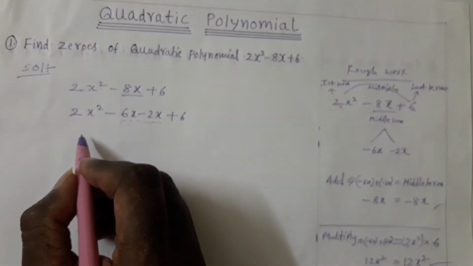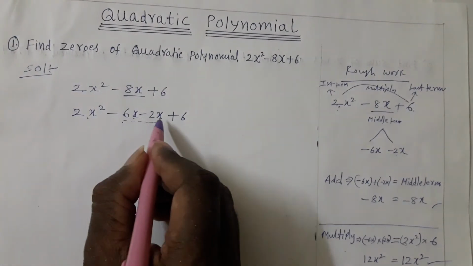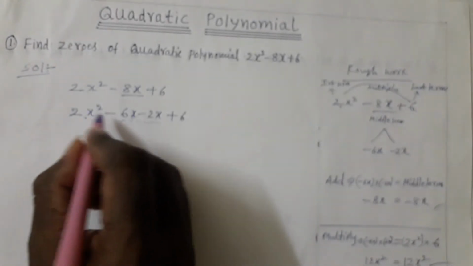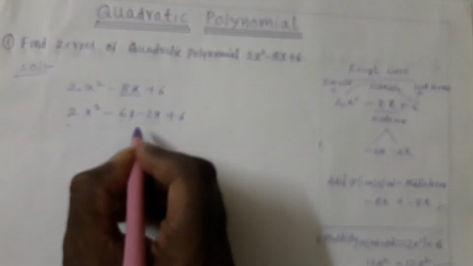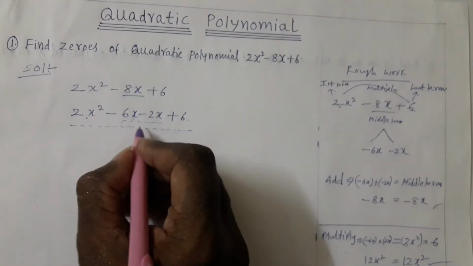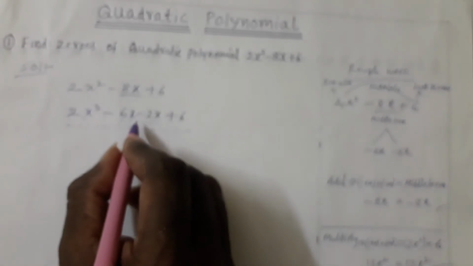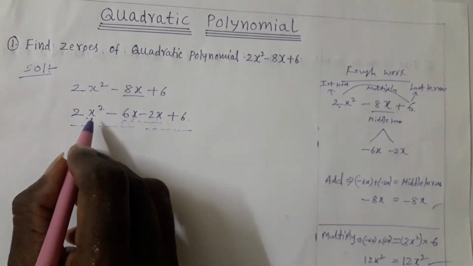Before going to the next point, how many terms do we have here? 1, 2, 3, 4. The first two terms we take as one part, and the second two terms we take as one part. In these two terms, what is common? 2 is common, x is common, so we take 2x as common.